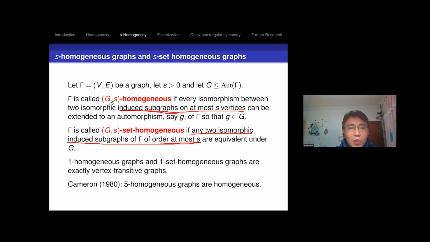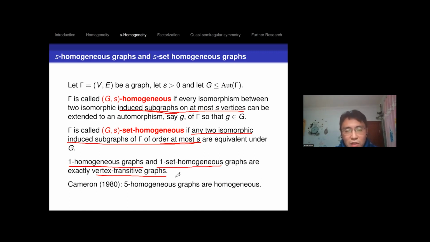Here we give two new symmetries in graphs, and when s is 1, by definition you can see 1-homogeneous graphs and also 1-set homogeneous graphs are just vertex-transitive graphs. So in this case, there is no hope to obtain a classification.